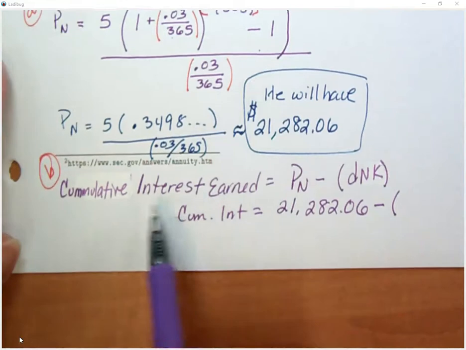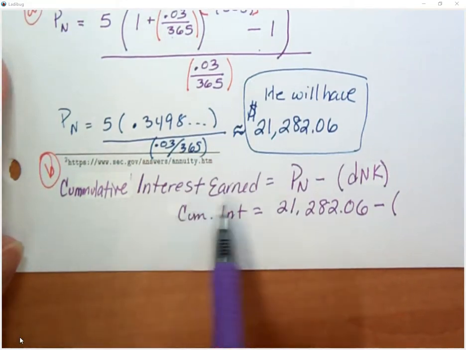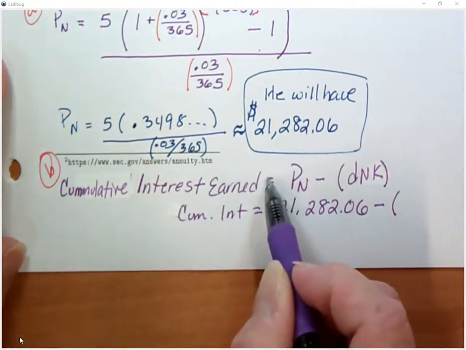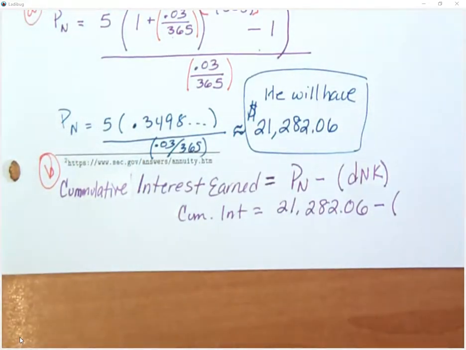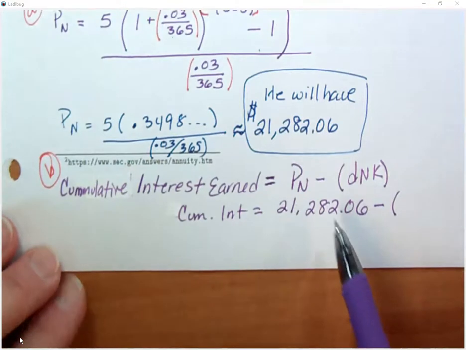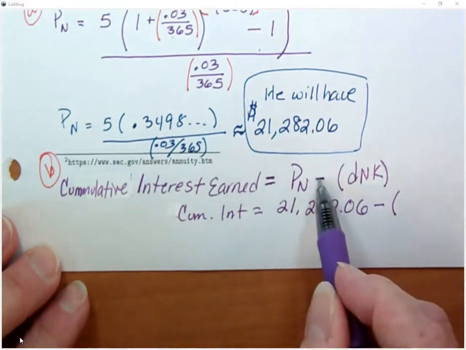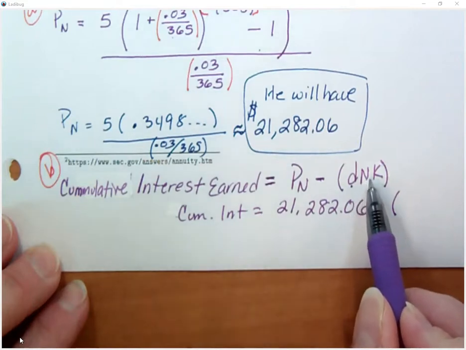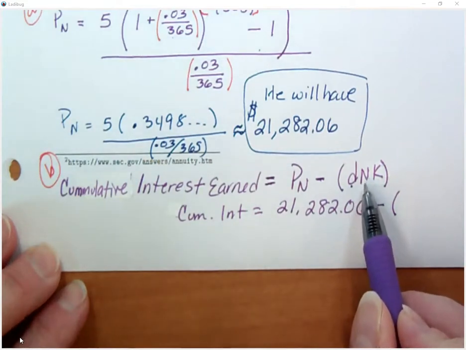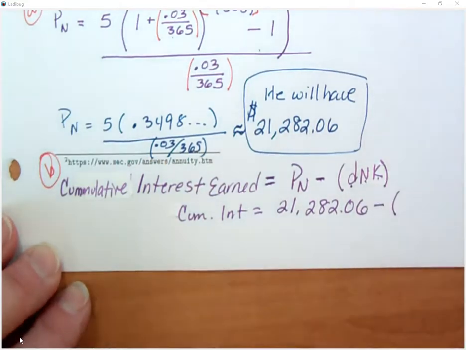Okay, so I have this set up here. Cumulative interest earned would equal P sub n, so it's whatever we're ending up with for our total value that we would take out of the bank, minus the deposits times the number of compounding periods overall. So we would want to multiply our time in years times the number of compounds in a year.